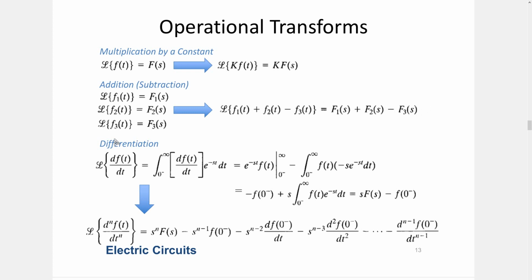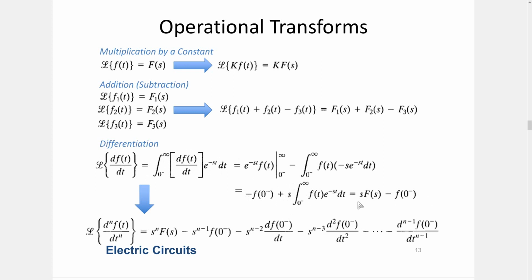When we have a differentiation in the time domain, if you take the first derivative, then using the definition of the Laplace transform, we end up with s to the 1 times the Laplace transform of it.